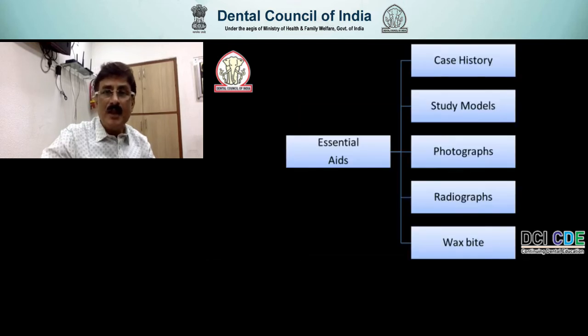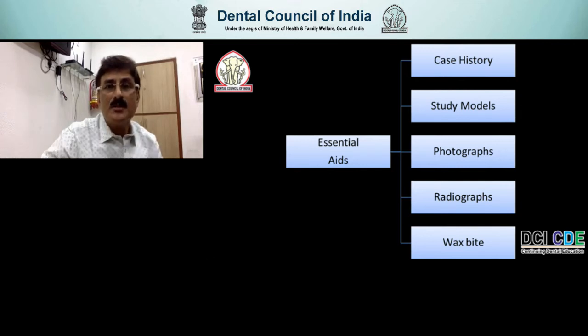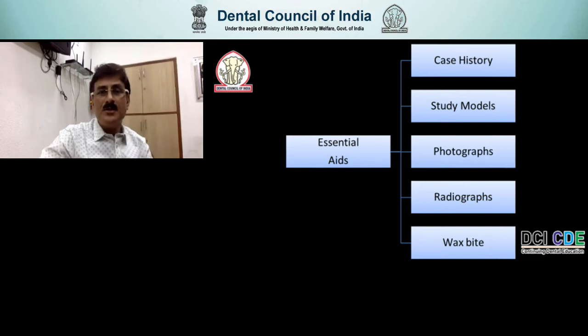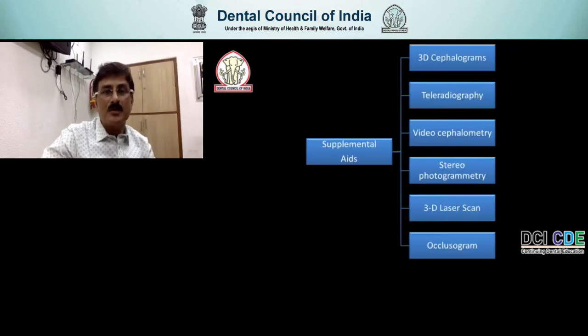So we begin with case history, study models, later on photographs, radiographs and wax bites. And supplemental aids could be 3D cephalograms, teleradiography, videography, 3D laser scan or occlusograms, which are not required in all situations. In particular situations, depending upon your clinical examination, you can use supplemental aids.